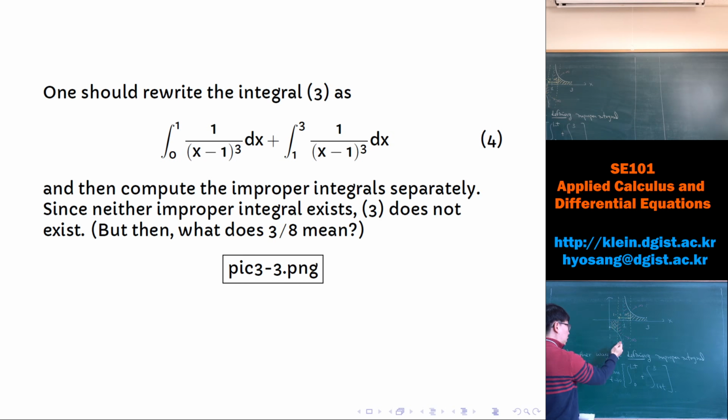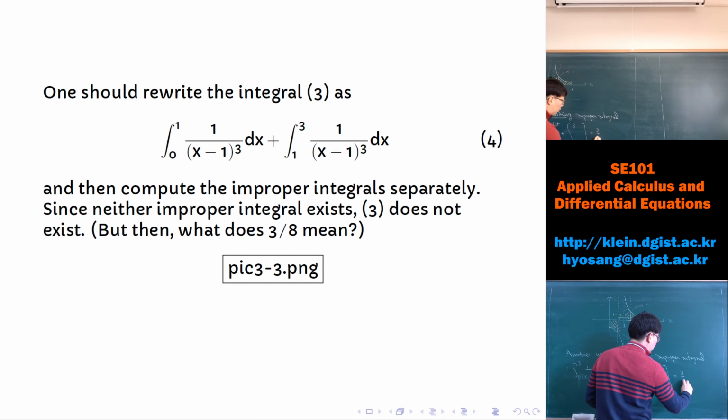So there are two limits, for the first integration and the second integration. For this definition, we have one limit, so the integration is done by one limit by sending t to 0. By doing this, we have a cancelling between this area and this area as t approaches 0. So when you compute this part this way, you get 3 over 8.